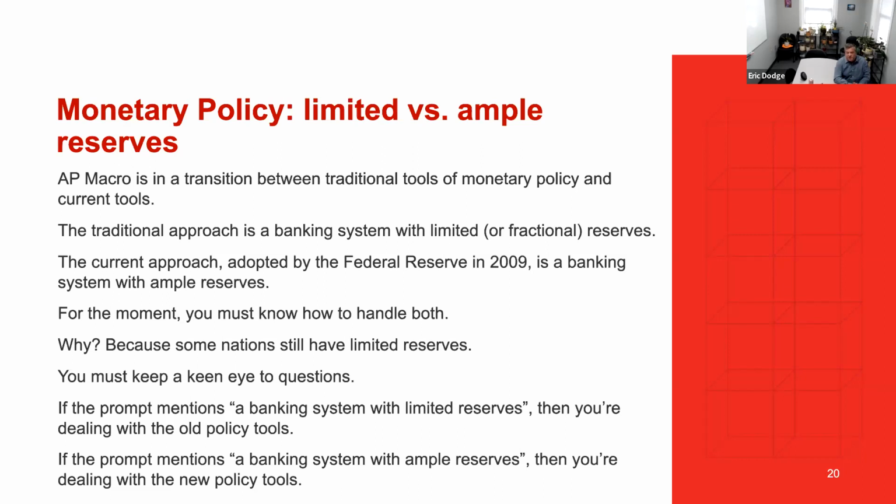But keep an eye, it's going to happen more often, to the prompt that says the banking system in question is one of ample reserves. And go, okay, I'm going to switch over now. My excellent, awesome teacher taught us this too. So I'm going to address this question with the new policy tools.